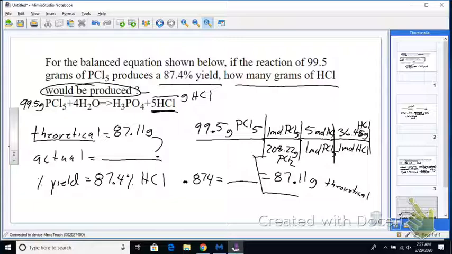Up above, I've got to solve for that actual. And the theoretical I'm going to put down here, 87.11 grams. So then I'll just multiply both sides by 87.11, I get rid of it. So it'll be 0.874 times 87.11 grams. And that would get my answer.